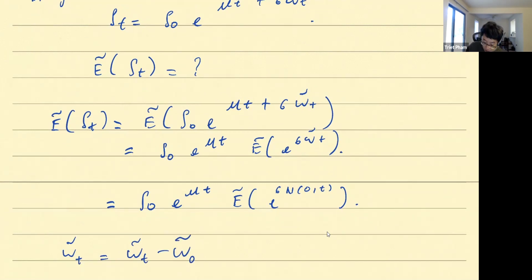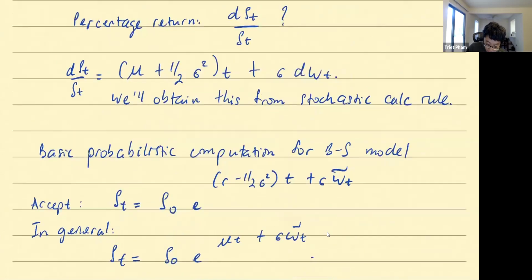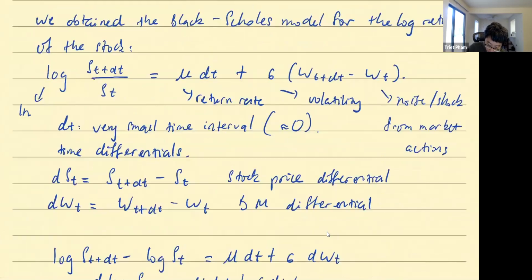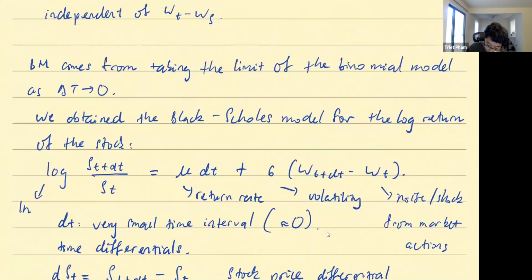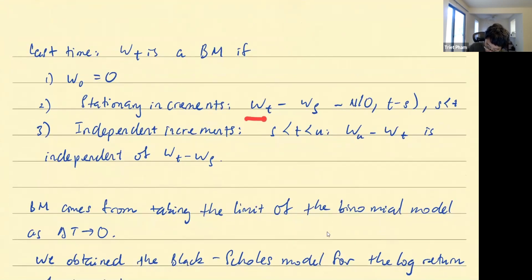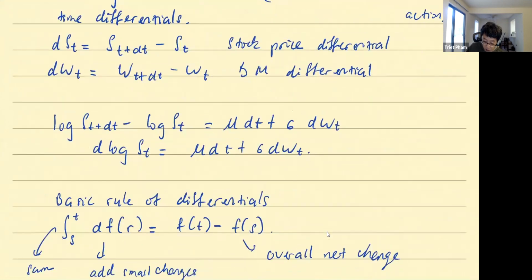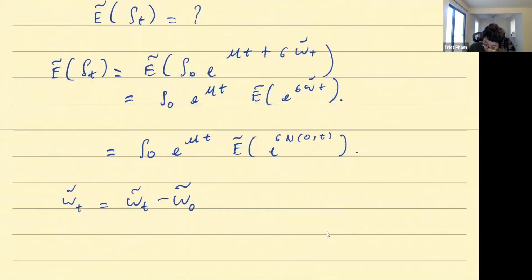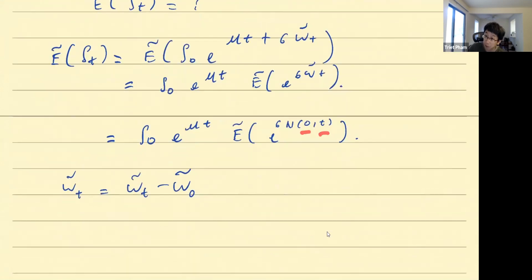And by the property of Brownian motion, it has mean 0 and variance t minus s. s here being 0, so it has mean 0 and variance t.